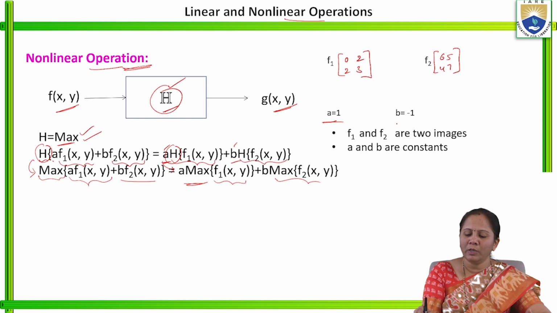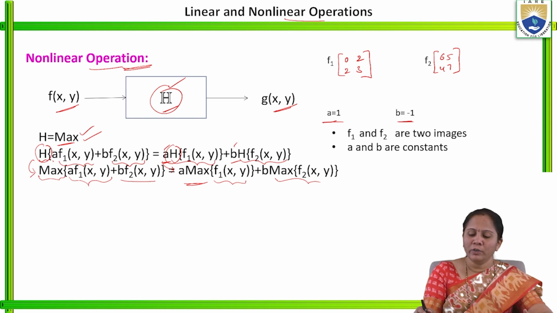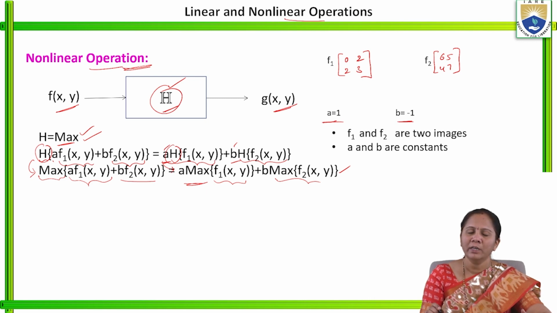Here a and b are two constants, a is equal to 1 and b is equal to minus 1. If you apply this operation on the two images, let us see whether LHS is equal to RHS. If LHS is equal to RHS, then we can say that the operator H is a linear operator. If they are not equal, then H is a non-linear operator.